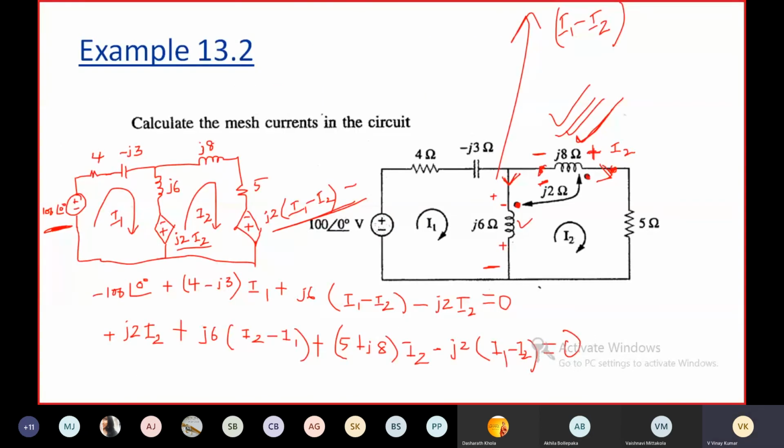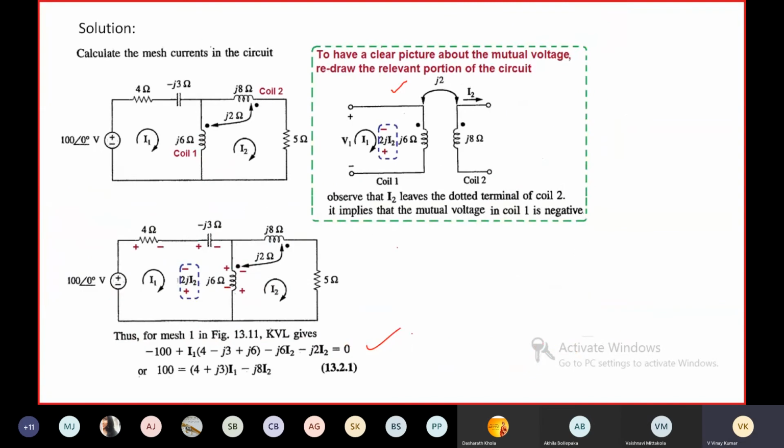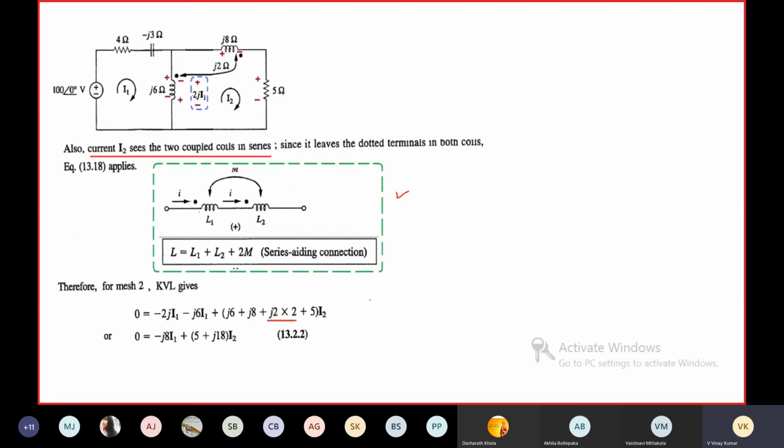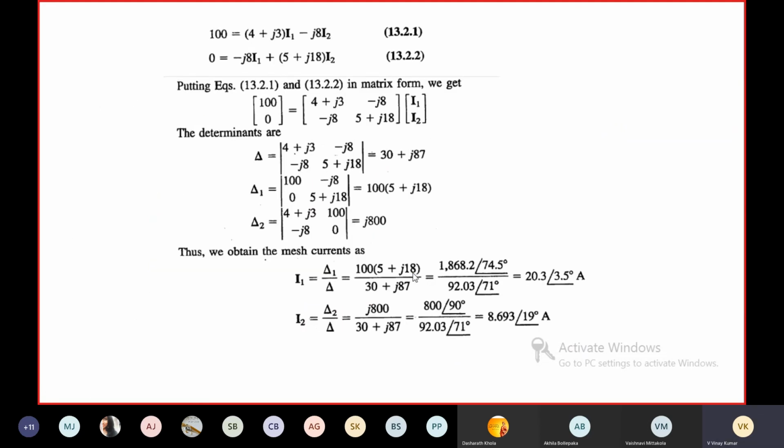So it will be the same. This is equation 1, this is equation 2. By using this method, both will be the same. After solving those two equations, we have two equations. In matrix form, this can be written like this: V1 and V2 in terms of I1 and I2.